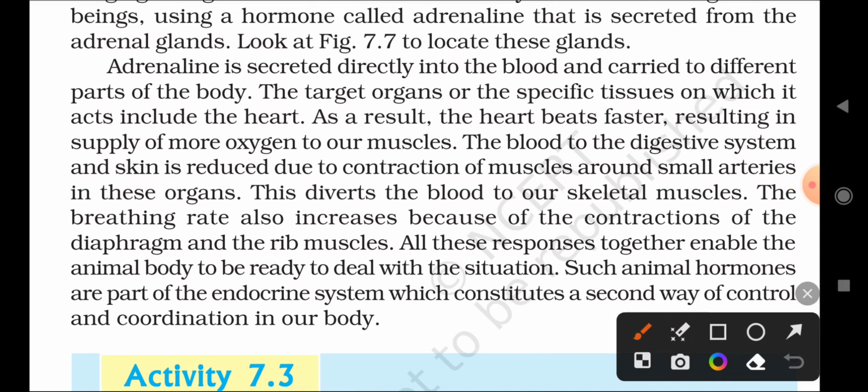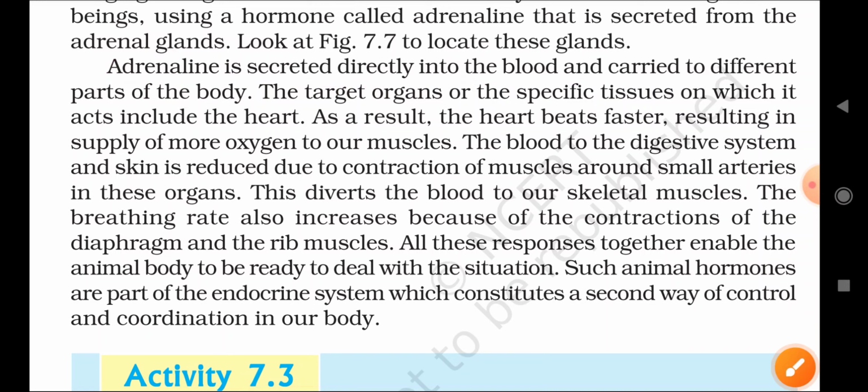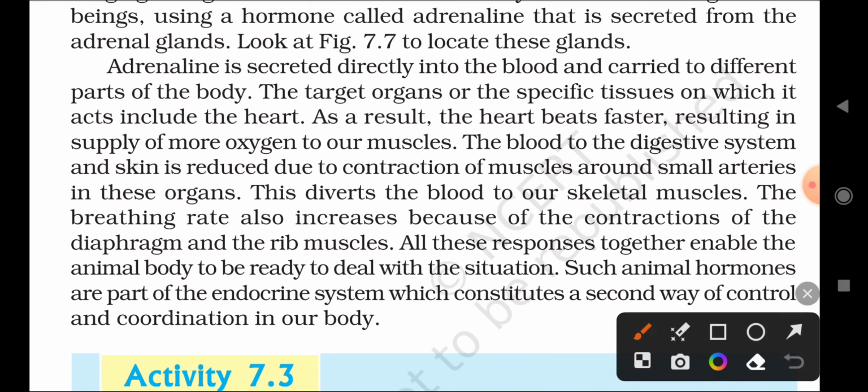There are a variety of effects observed. So the adrenal gland produces which hormone? Adrenaline hormone. Adrenaline is secreted directly into the blood and carried to different parts of the body. When the adrenal hormone is secreted in our body, it passes directly into the blood, and the blood carries it to different parts of the body.